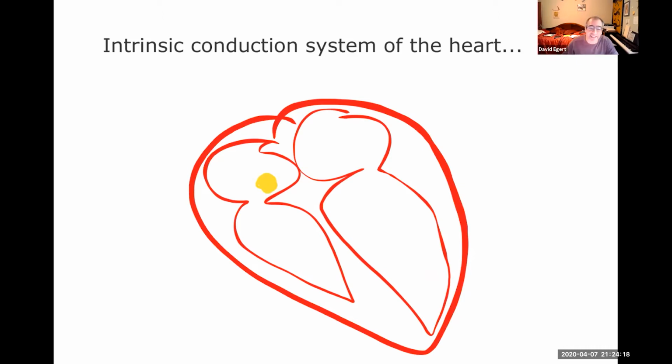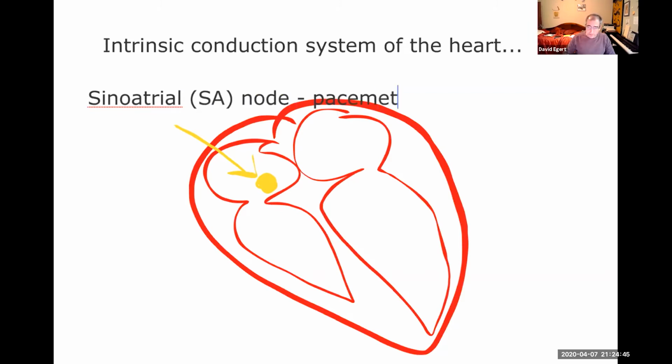It's not actually in the atrium, but it's in the wall of the right atrium here. And this is going to be called my sinoatrial node, often just called the SA node. And sometimes it's just called the pacemaker.